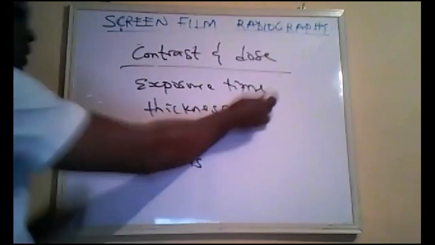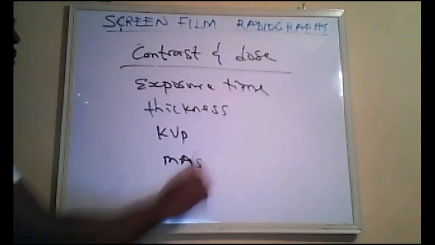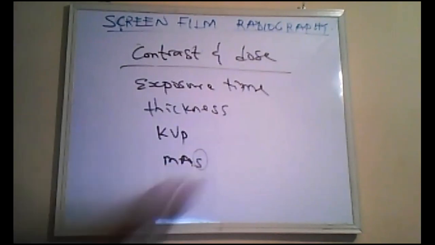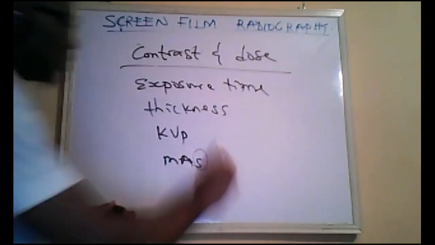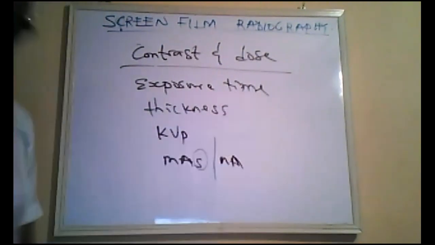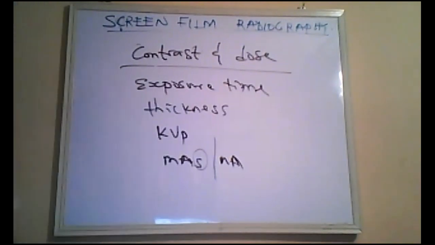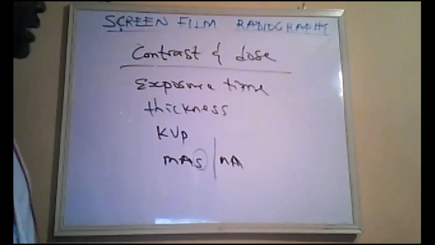Some systems have mA and s together as mAs, and other systems have mA and time separately. So these are some of the factors that can affect contrast and dose in radiography.